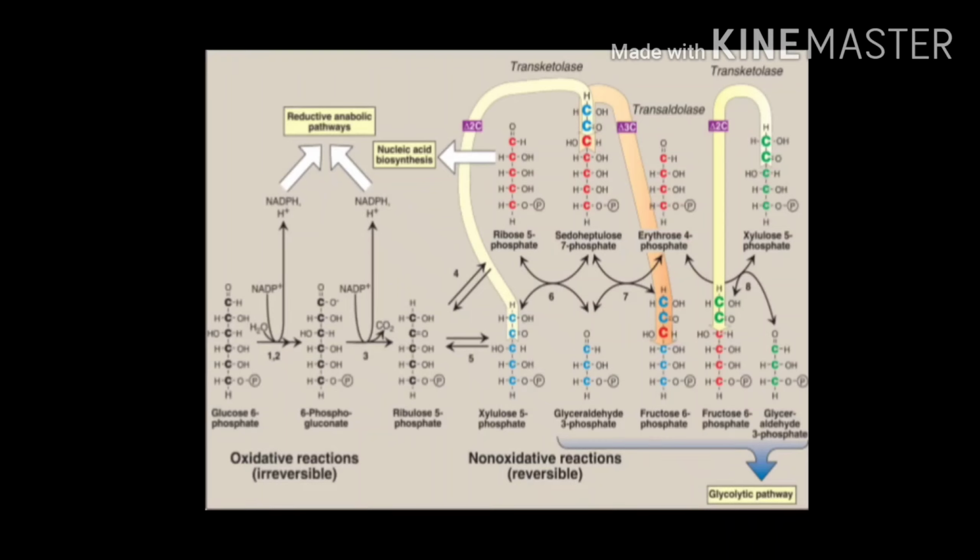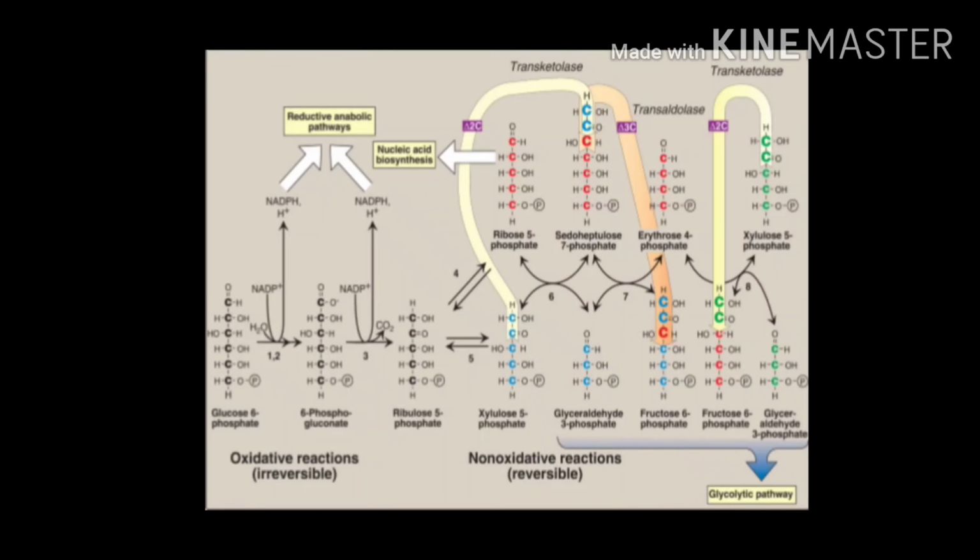For example, you can see here in this third carbon atom, the alcohol group is on the right hand side, and in xylulose 5-phosphate, the alcohol group is on the left hand side. So see how this alcohol group changes its position, remaining on the same carbon atom. So these two are epimers of each other. So ribulose 5-phosphate can be epimerized to xylulose 5-phosphate.